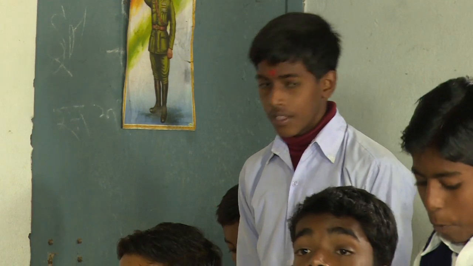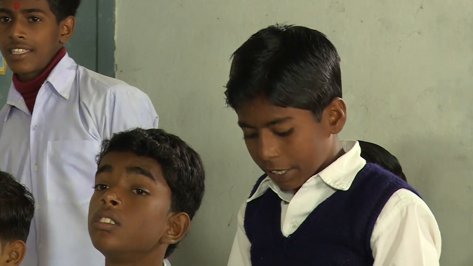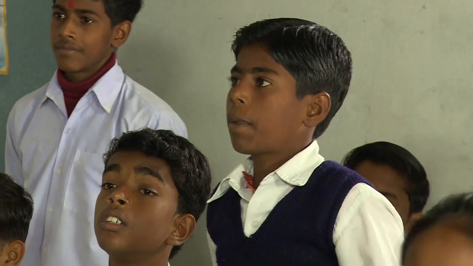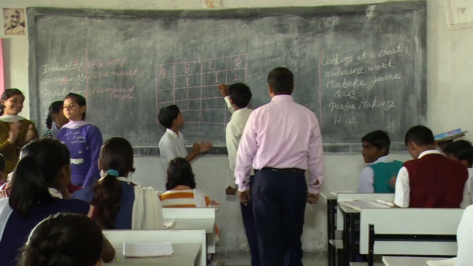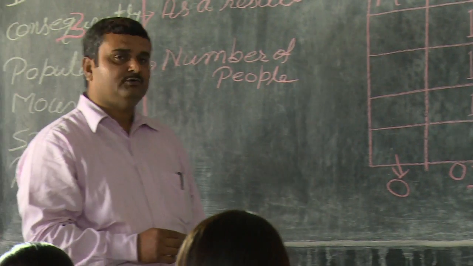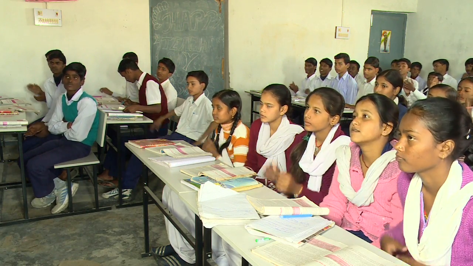What is human-made pollution? As the population goes up, so does pollution of river, lakes, air, drinking water and soil. Yes. Do you agree? So, who is the winner? Team B. Okay, so have a clap for team B.